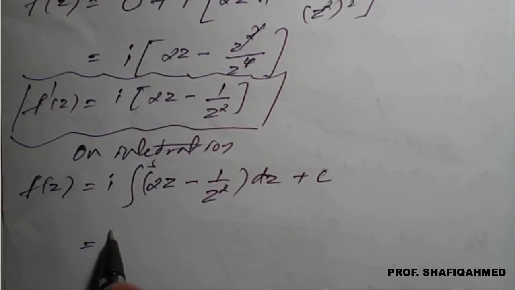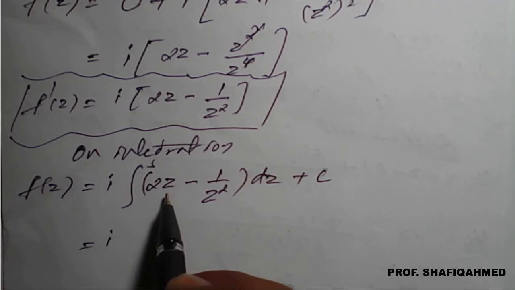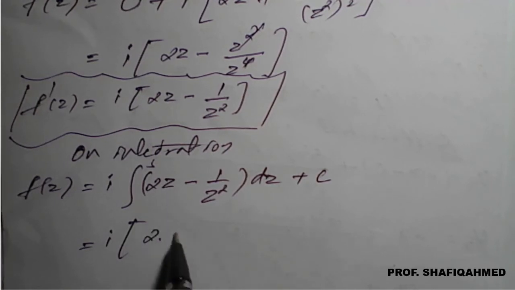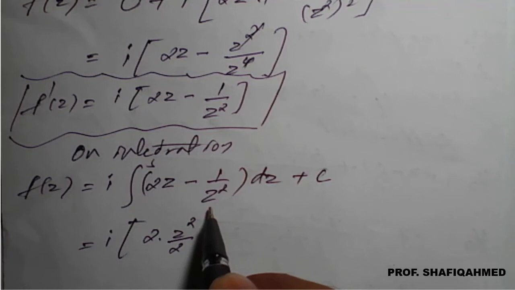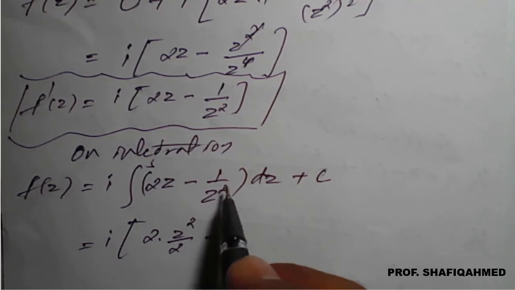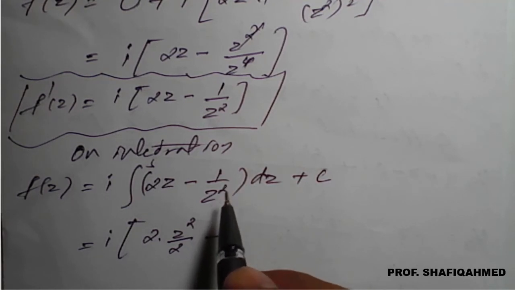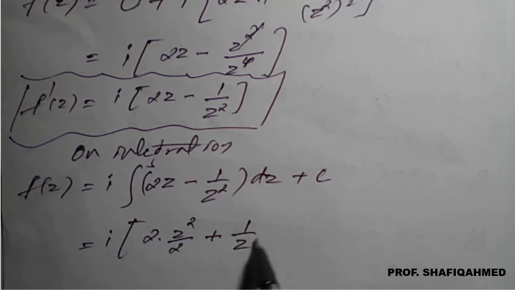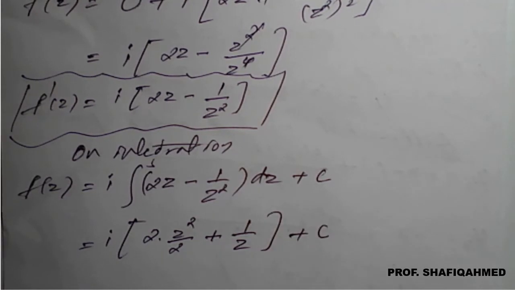Therefore i is a constant, integration of 2z is nothing but, I will keep i outside, so 2 into integration of z is z square by 2, minus integration of 1 upon z square is nothing but what here, if you take z square up it will become z raised to minus 2. So integration of z raised to minus 2 is nothing but, on simplification you will get minus times 1 upon z, that minus and this minus will become plus 1 upon z plus c.